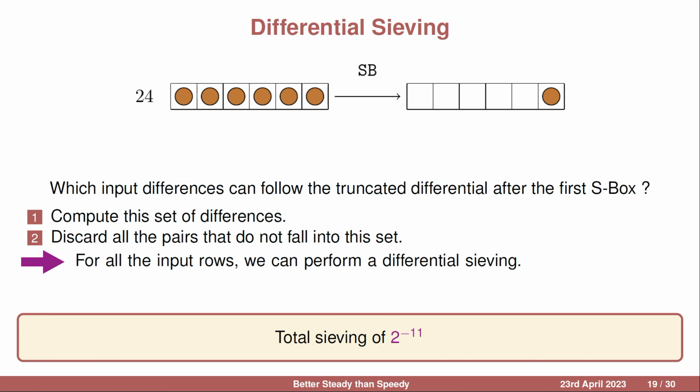So we can compute the set of differences that follow this, and restrict the input set so that we discard all the pairs that do not follow this transition. This results in sieving, and if we do it for all the lines, we obtain a total sieving of 2 to the minus 11.